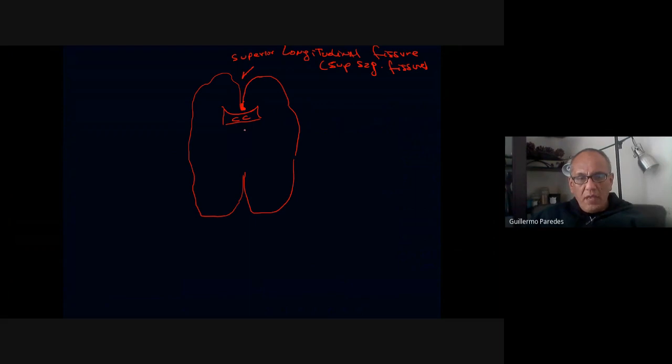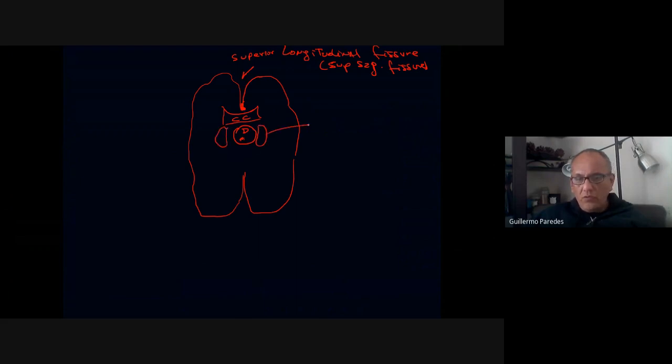So then what we have here is the diencephalon, with the hypothalamus, right? You already know these are the seeds of the diencephalon, and the seeds are composed of gray matter. Side by side, we are going to have two structures.